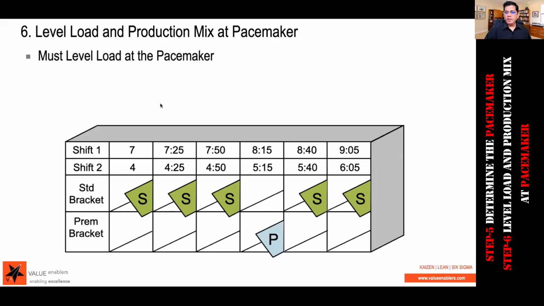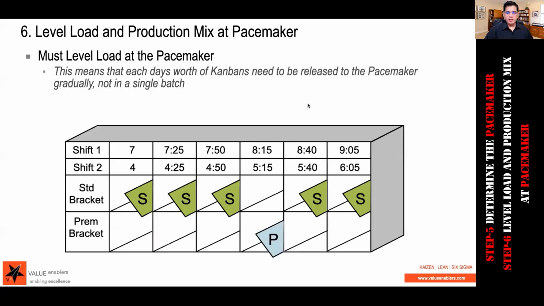So this is called level loading. This is called level loading at the pacemaker. Let's understand a little bit deeper about the pacemaker. My friends, if you don't understand pacemaker also, it's okay, because generally value stream mapping comes only by practice.